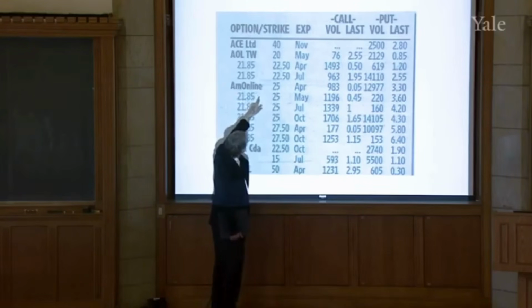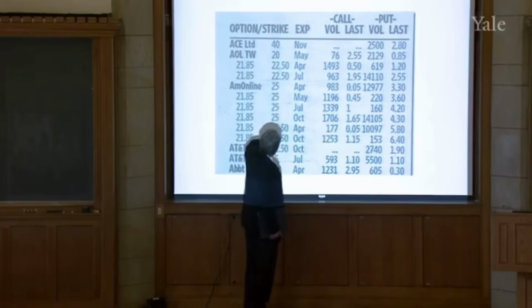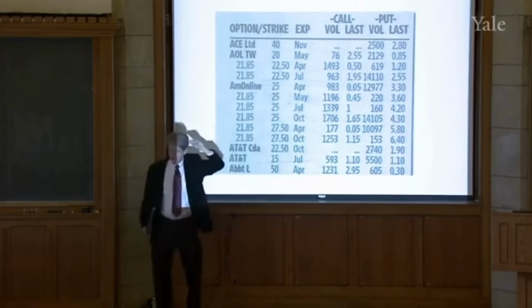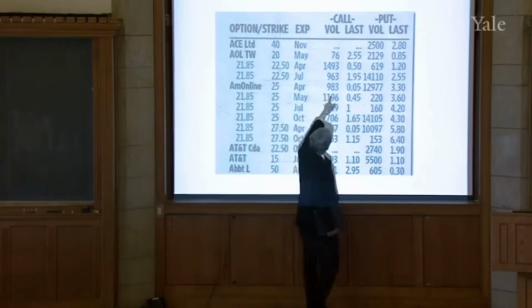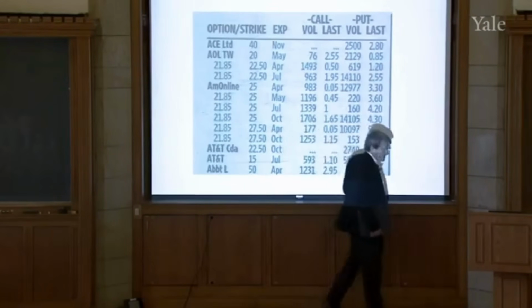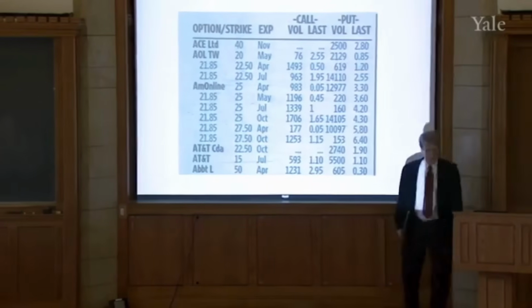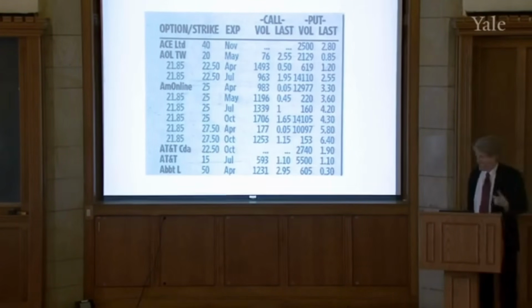A strike price of 20, expiring in May of 2002, which is like 1 month into the future. Remember, it's April 2002 right now. The volume is the number of options that were traded yesterday, and the $2.55 up there is the price of a call option, the last price, the last option to be traded yesterday. This is the morning paper. It's reporting on yesterday's prices.